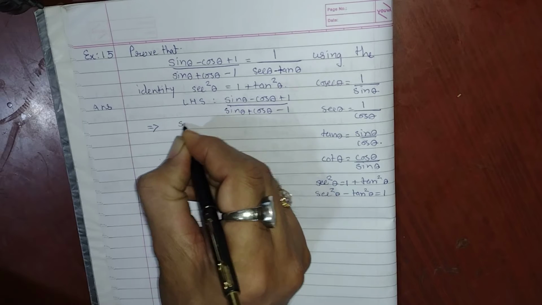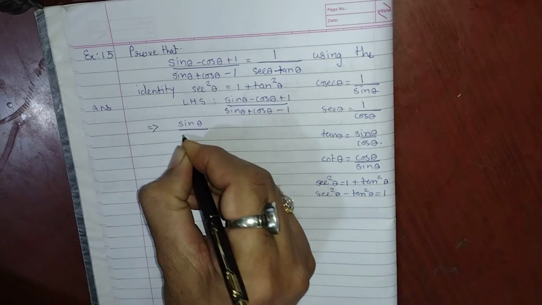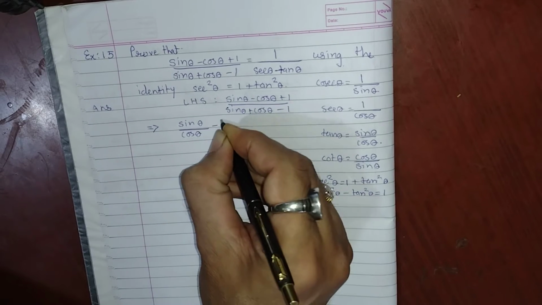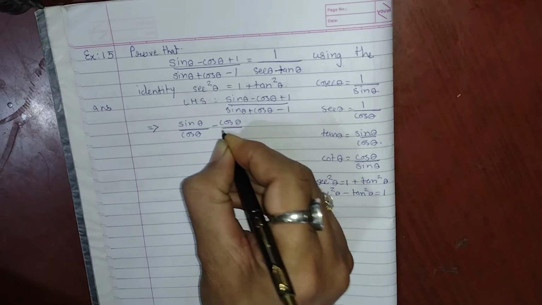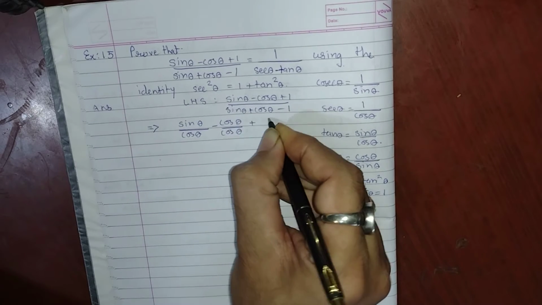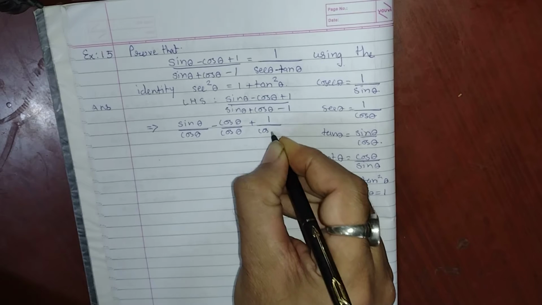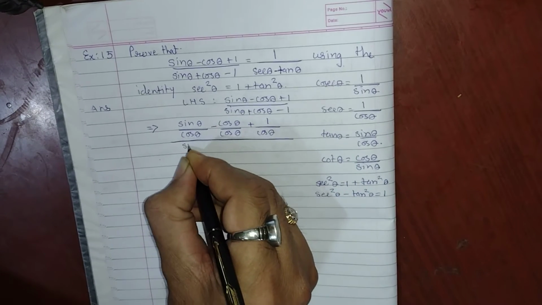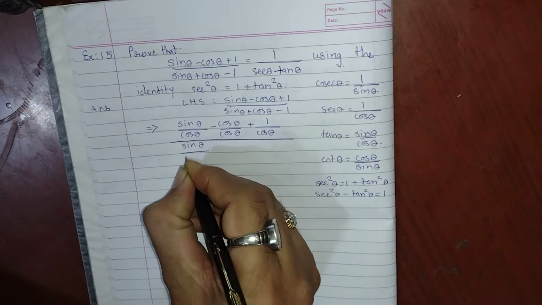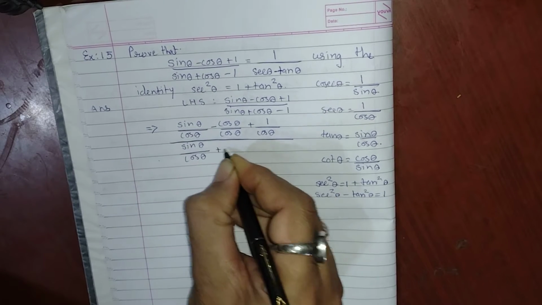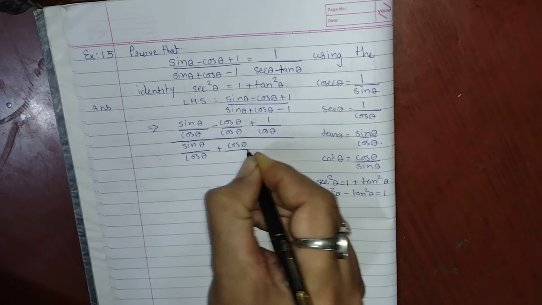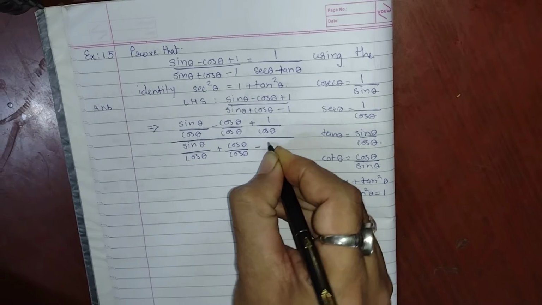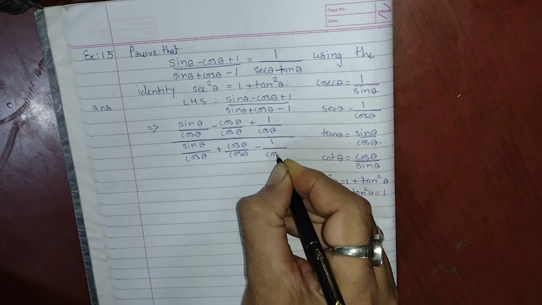So we'll write down sin theta upon cos theta minus cos theta upon cos theta plus 1 upon cos theta, and in the denominator the same thing: sin theta upon cos theta plus cos theta upon cos theta minus 1 upon cos theta.